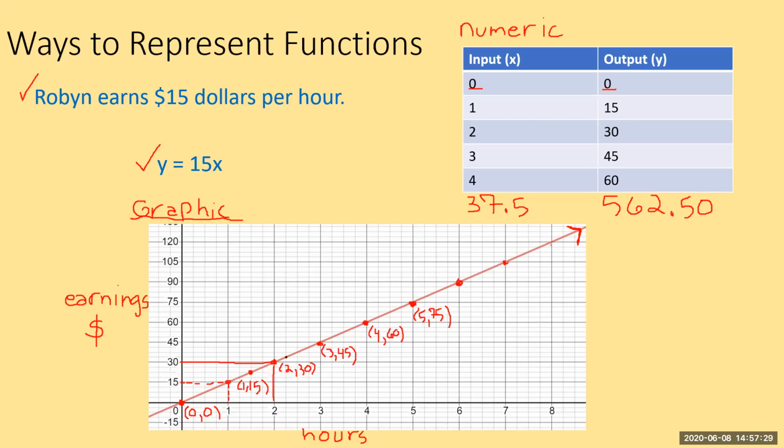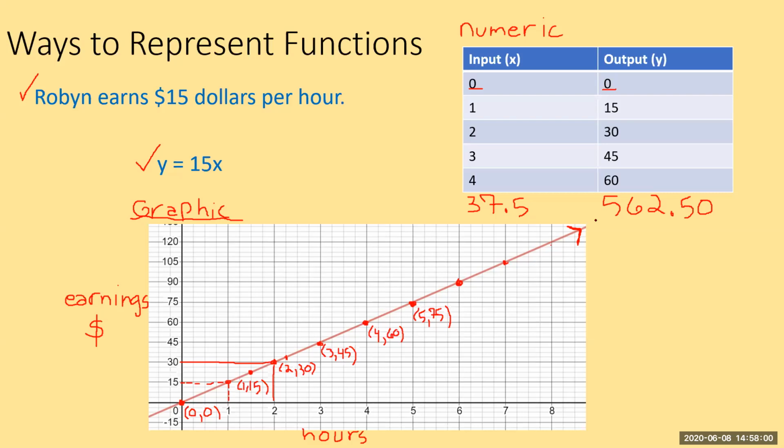Let's say she worked 2.25 hours. She would earn $33.75. So every single point along this line represents some coordinate pair of time and earnings.